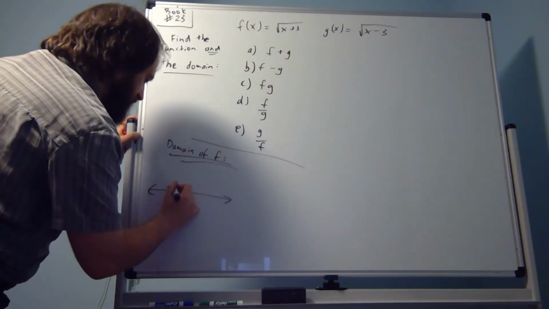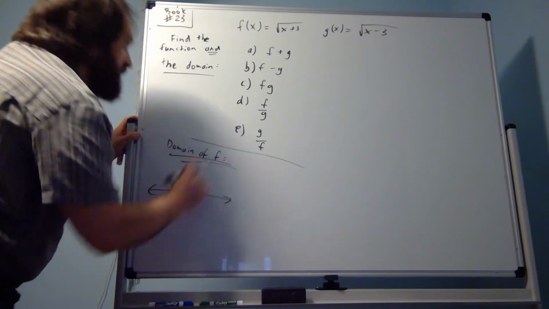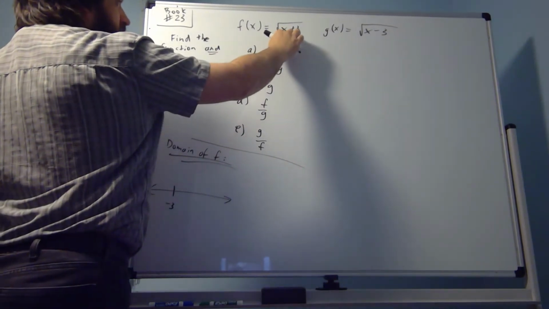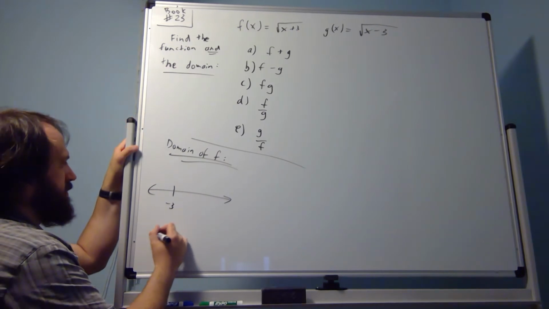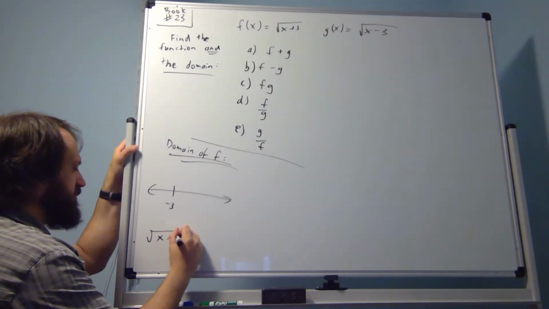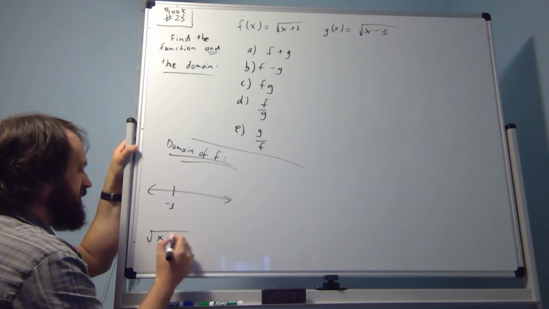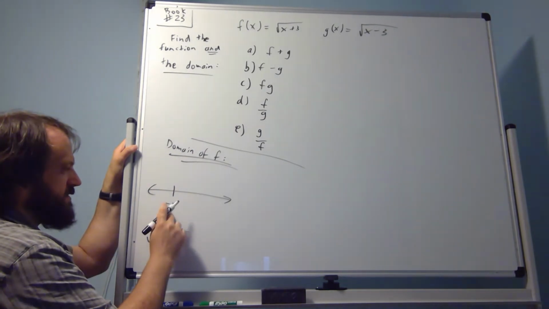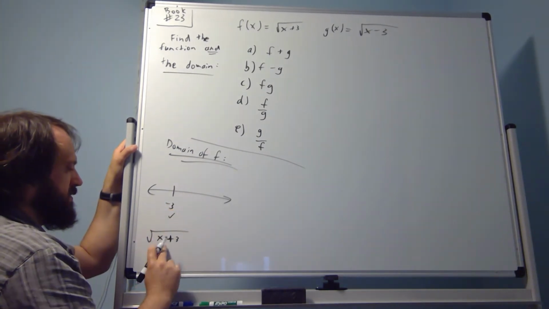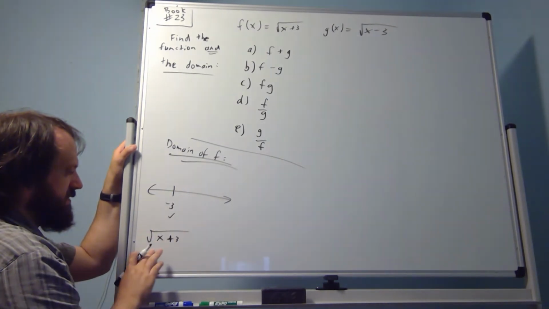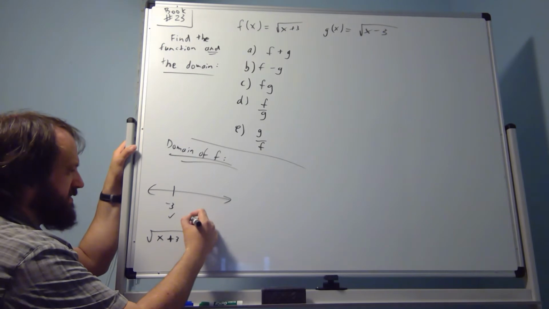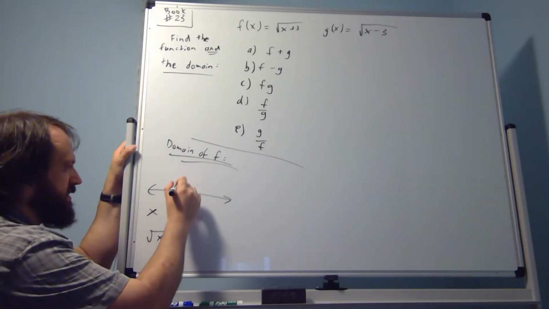Well, the function f, we're taking the square root of x plus 3, so the inside of a square root being 0 is okay. If x is like -2, then we get the square root of a positive number, so these are okay, but these are not okay.